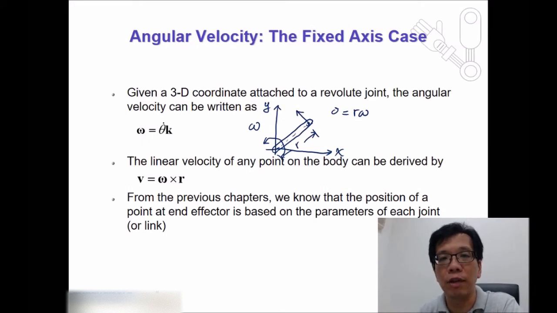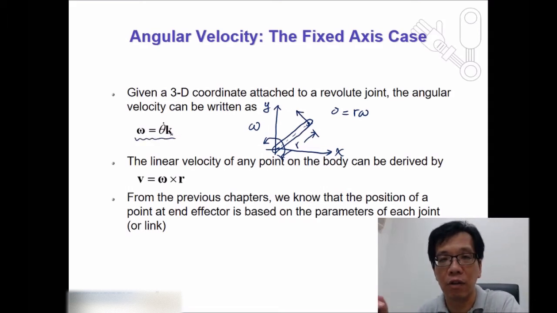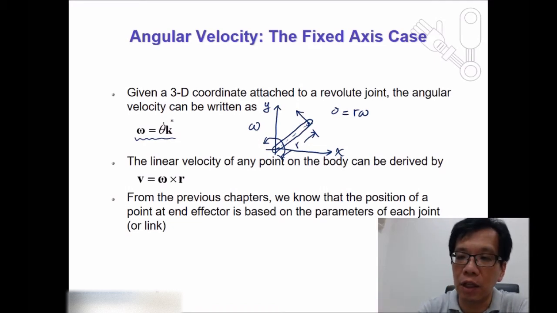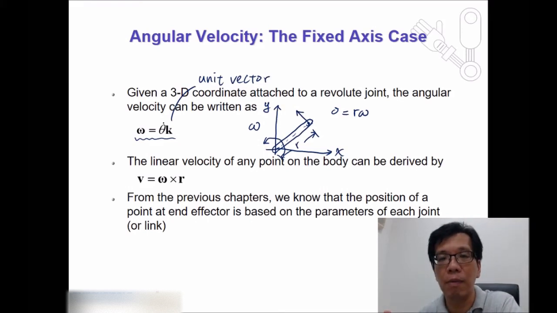If we represent everything using vector representation, this is the format we're going to have. We get a vector of angular velocity, which is theta dot multiplied by k. K over here is a unit vector along the axis. Keep in mind when we are dealing with rotation, the rotation must be perpendicular to the velocity.